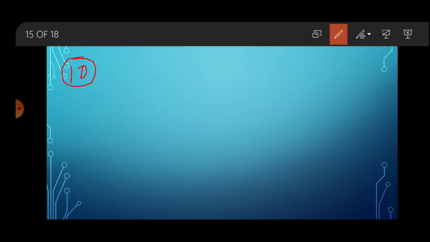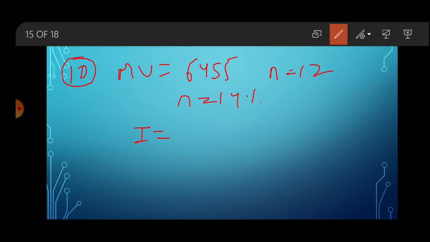Okay, so this 6455 is your MV. So MV is equals to 6455 at the end of 1 year. That means N is equals to 12. Rate of interest R is equals to 14%. Now first I have to calculate the maturity interest. So it is given by P into n plus 1.